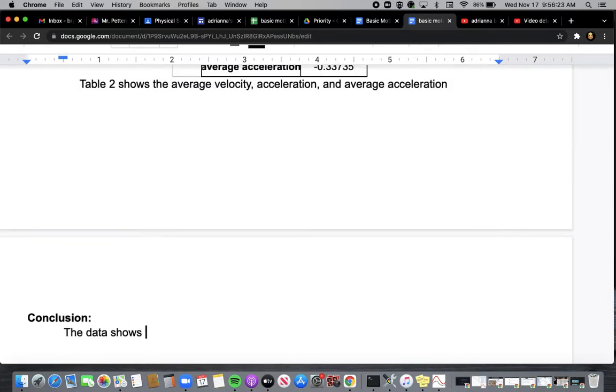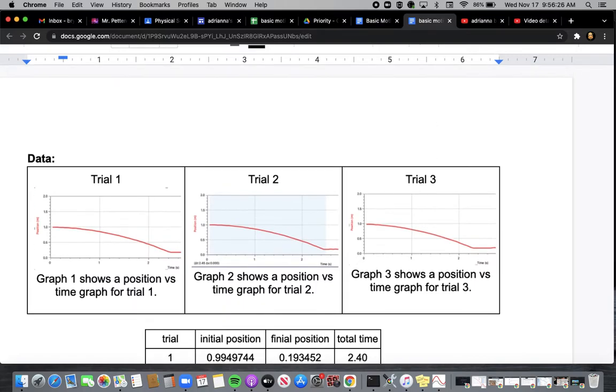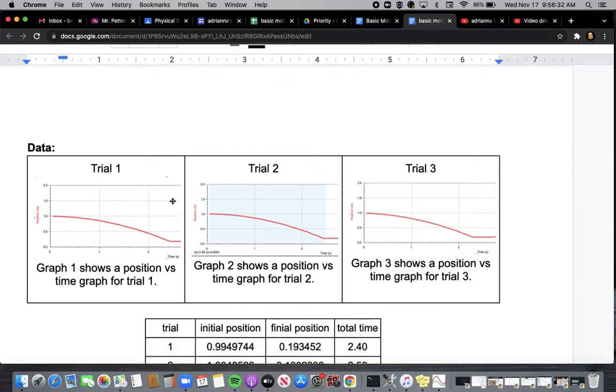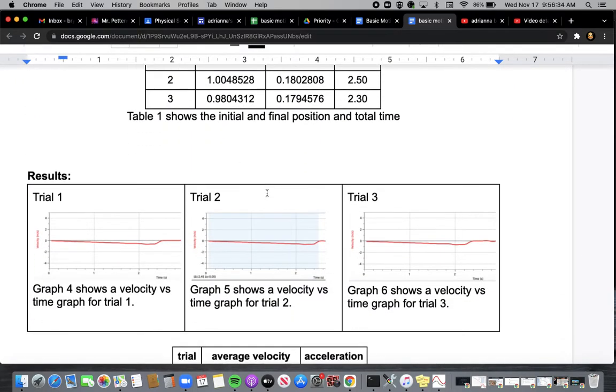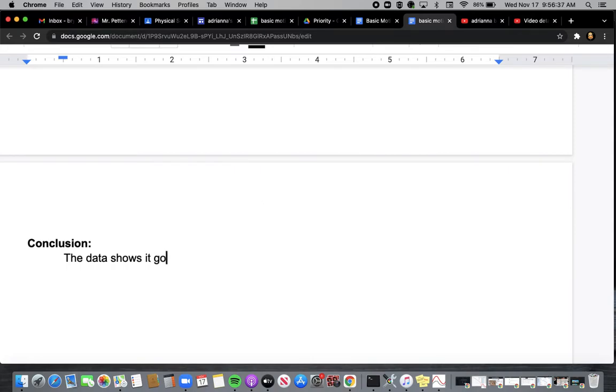The data shows that it got closer to the sensor as it progressed on the ramp.